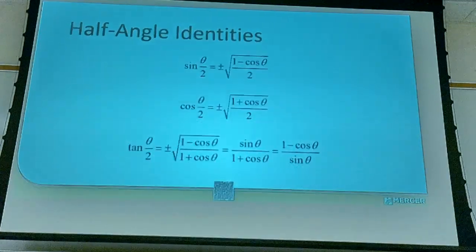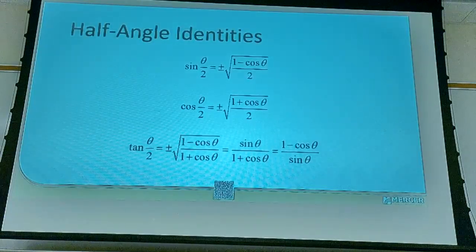And finally, tangent of theta over 2. Again, there's three forms, just like there was with cosine 2 theta. Plus or minus the square root of 1 plus cosine theta over 1 minus cosine theta, or sine theta over 1 plus cosine theta, or 1 minus cosine theta over sine theta. The plus or minus in front of the square roots is determined by the quadrant that theta over 2 is located in.